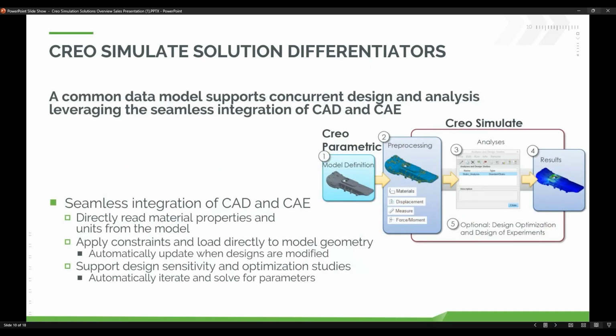Differentiations. So we have one model here. We can go through, and this is the Simulate model. We can run several different concurrent designs on this. So we can do one, we can go in and we can change it through design optimization. We can do a design of experiments. Let's say we design a block that's 1 by 1 by 1, and we want to know what would happen if we went 2 by 2 by 2 or 2 by 2 by 1.